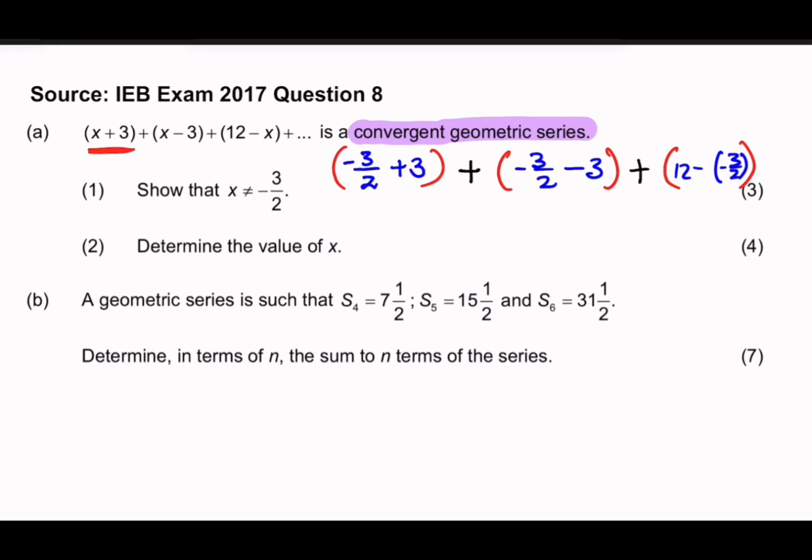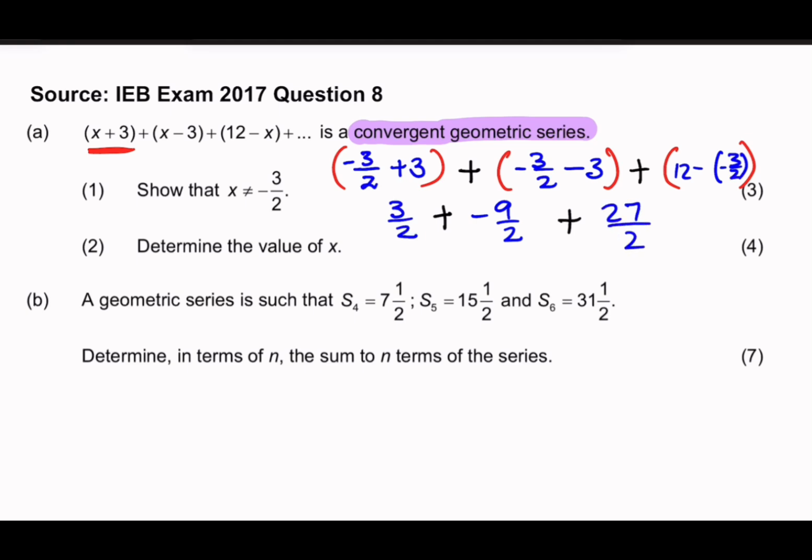Okay, so I find out what these numbers are. These numbers are basically 3 over 2 as the first term. The next one, if you combine that, would be negative 9 over 2. And the next one, if you put that together, you'll get that that's the same as 27 over 2.